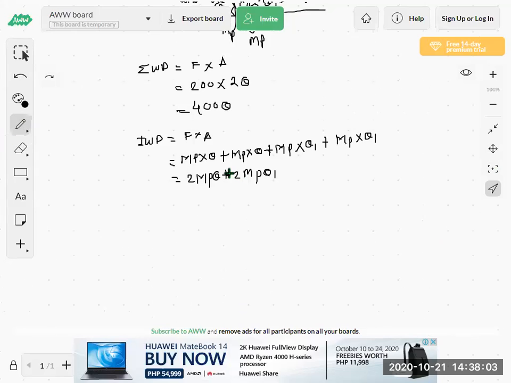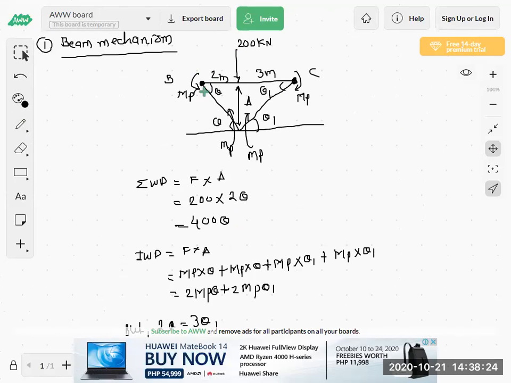But here theta and theta 1, two different rotations are there. So we have to convert theta 1 in terms of theta. But 2 theta is equal to 3 theta 1, correct? Here if we see this beam mechanism, the displacement is same for the 2-meter span and 3-meter span, with rotations theta and theta 1.